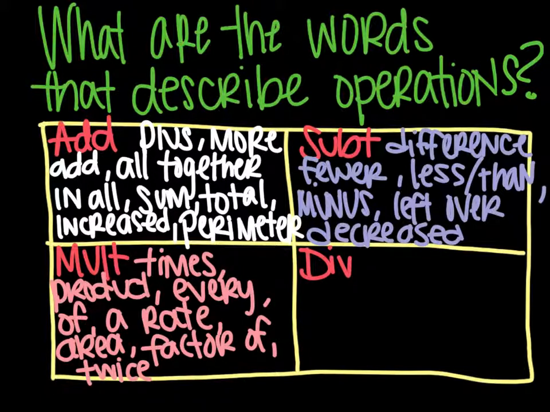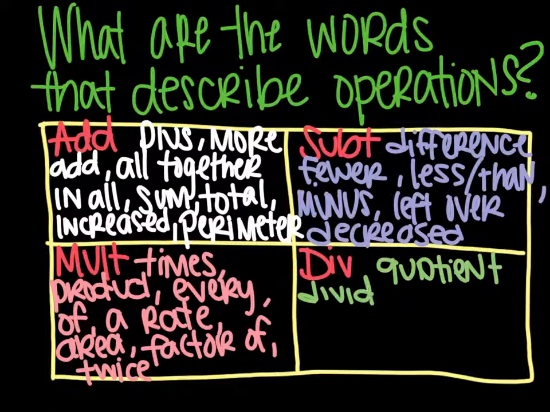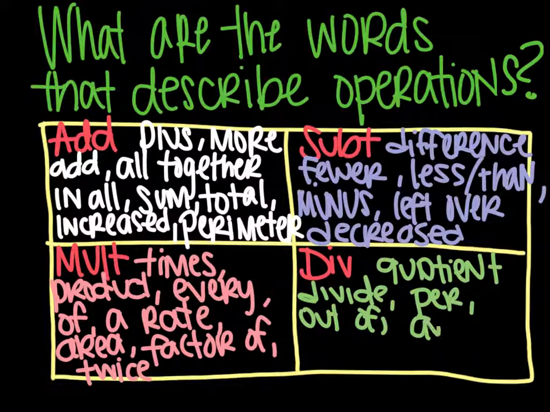And last but not least, we have division. Division words would include things like quotient, divide, per, out of, average would require division, split.